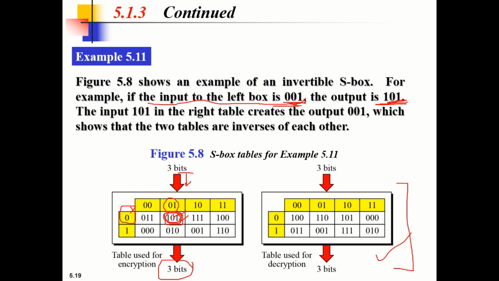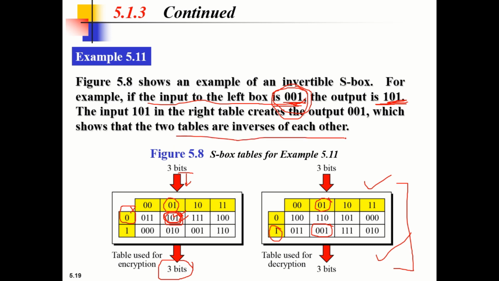Our message is 101 now. So 1 is here, 101 is here. The output we get is 001, which is the same as our input. So this is the inverse S-box, or the invertible S-box, right? We can say that these two tables are inverses of each other.